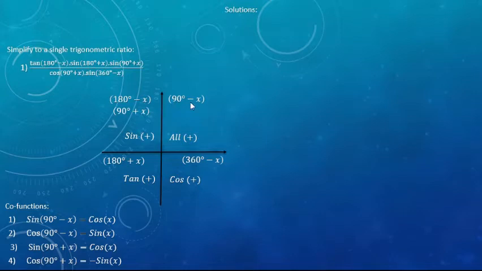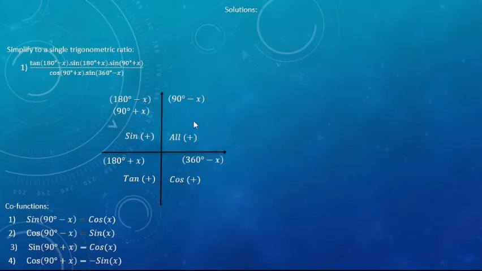For these two, 90 minus x and 90 plus x, these are the formulas that we are going to use for cofunctions. And then in our third quadrant, we have 180 plus x. And for the fourth quadrant, we have 360 minus x. So these are the reduction formulas that we are going to use.